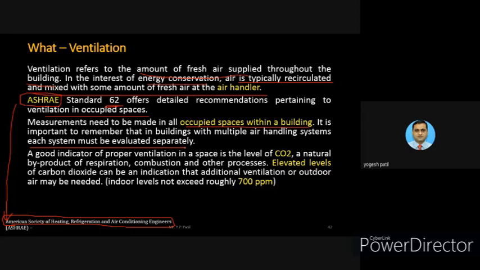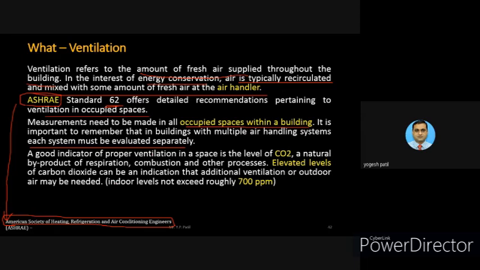When there is some set point value, the level above the required level of CO2 in that particular area is called elevated levels of carbon dioxide. Once the sensors pass the indication to the controller, it is an indication that we have to take care of ventilation in that particular room in terms of outdoor air.